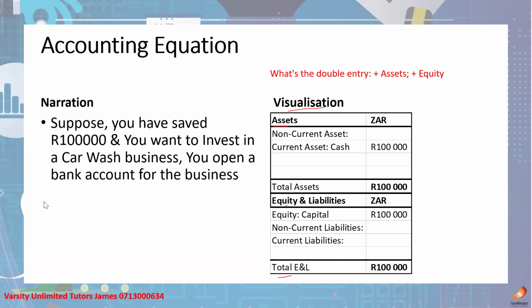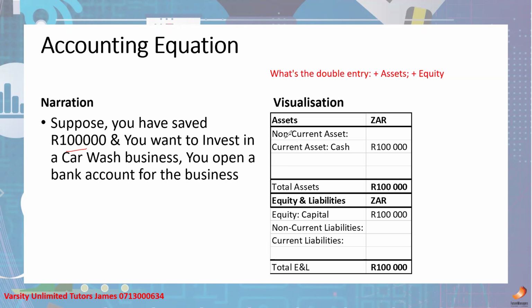As an example, suppose you as a business person have saved 100,000 Rand and you want to invest in a car wash business and you open a bank account for the business. If someone says, I want my accountant to record this for me in my books of accounting, I'm not talking about the journals, I'm just talking about the statement of financial position in relation to the accounting equation. How is someone supposed to do that? I'm going to record that I now have an asset.